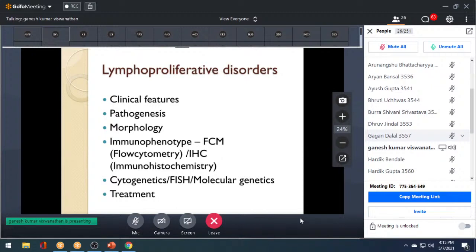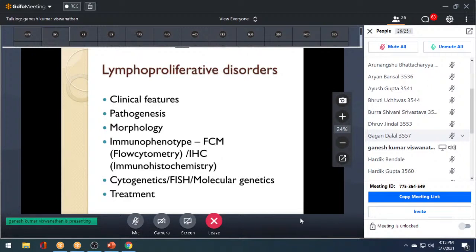Whereas immunohistochemistry is typically done in solid samples. So what are solid samples? The lymph node biopsies, as well as bone marrow biopsies. Both of these give you a solid tissue. The solid tissue you can process in a paraffin block and then do immunohistochemistry.